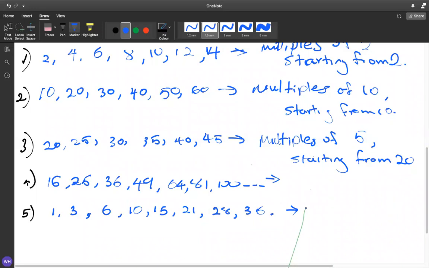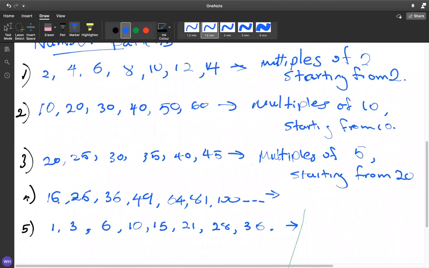Right. Hunsara, what is the number pattern that is written under the fourth pattern? Nikki? What? The fourth one. What are these numbers? You have 16, 25, 36, 49, 64, 81, 100.